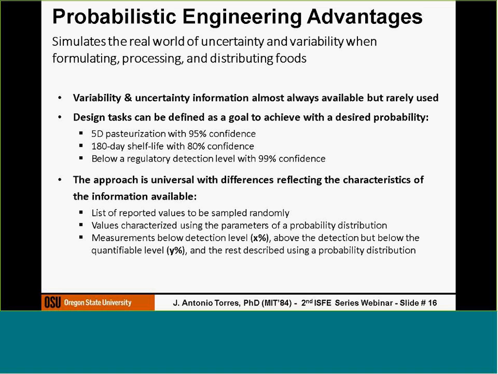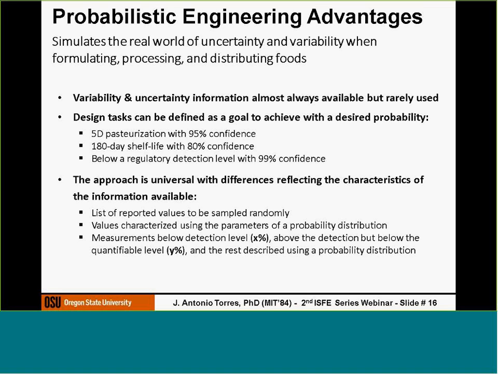It could be just using a probability distribution. So how would we handle this situation? Let's assume that we decided to use 1,000 resamples. A percent of that 1,000 would be below the detection level.